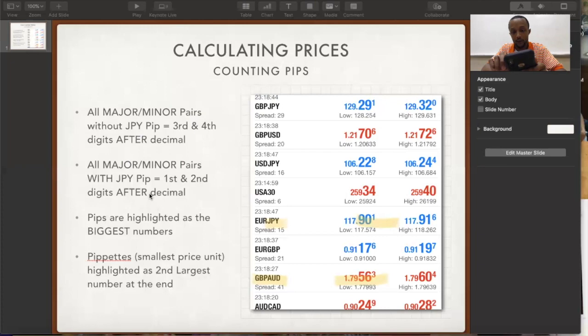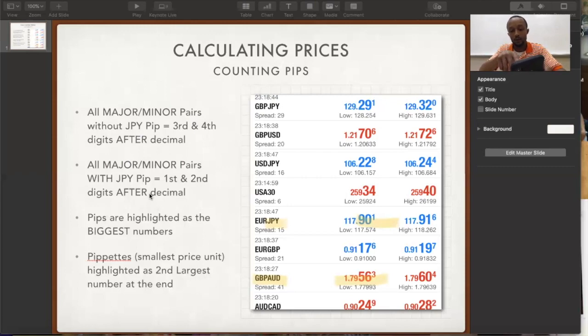Hopefully you guys can see the prices increasing 1 pip at a time, in the 80s now, 90s. And what happens once you get to 99, since there's nowhere else for the numbers to go, is it's going to travel across the decimal. So if you increase 129.99 by 1 pip, you're going to 130.